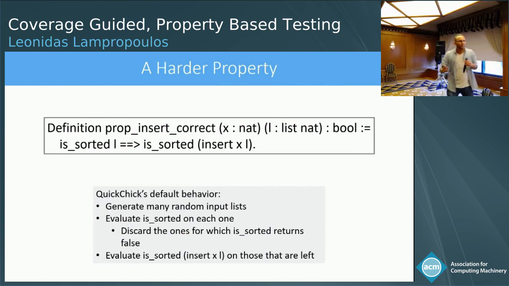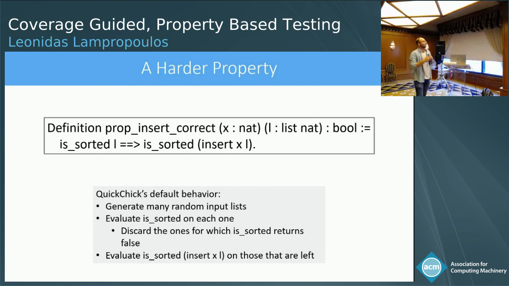cases, but not always. Here's a classical example of a property that doesn't really work well, which is a property that has a precondition. This property states that for all natural numbers x and for all lists of natural numbers, if that list is sorted, then we can insert x into the list and preserve this sortedness, right?